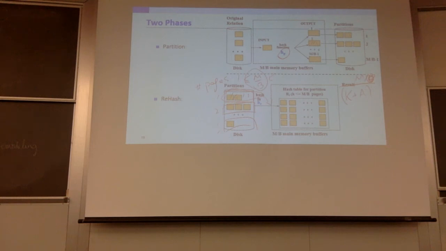Let's call it HP prime. It's going to partition this partition 2 into smaller partitions, like M over B minus 1 smaller partitions. Then on top of that we apply HR, the rehash function, to bring those smaller partitions one at a time into memory and do the aggregation. Okay, that's how you do that.